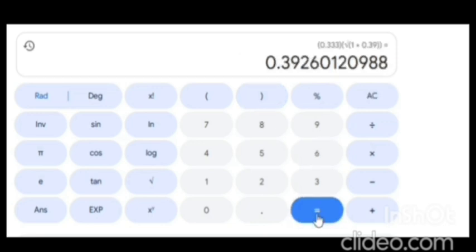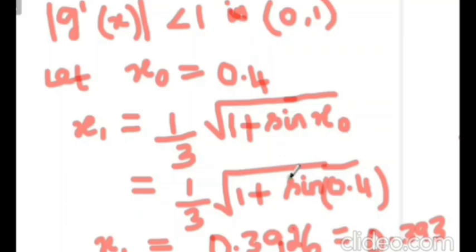The value is 0.3926. So applying x naught equal to 0.4, my x1 value arrives as 0.3926.